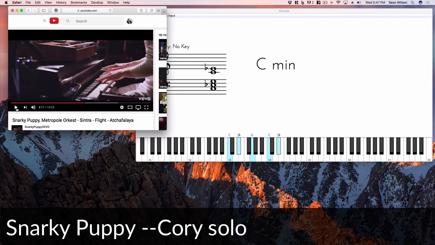So he's doing that. And then right before that, minute 9:01, they go to the E flat minor. So that's very helpful for me to know.